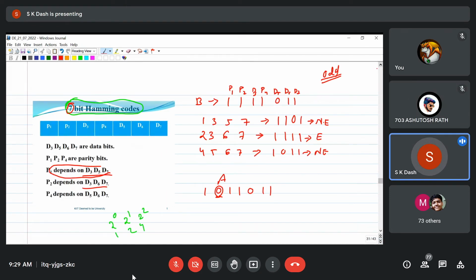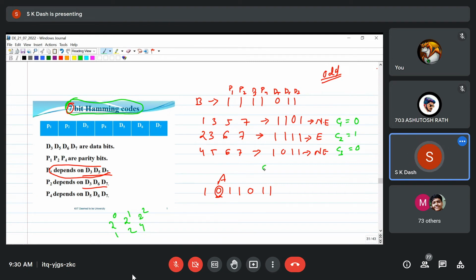This combination we'll call C1. It has no error, so we write 0. The next is C2. It contains an error, so we write 1. This one is C3, with no error, so we write 0.